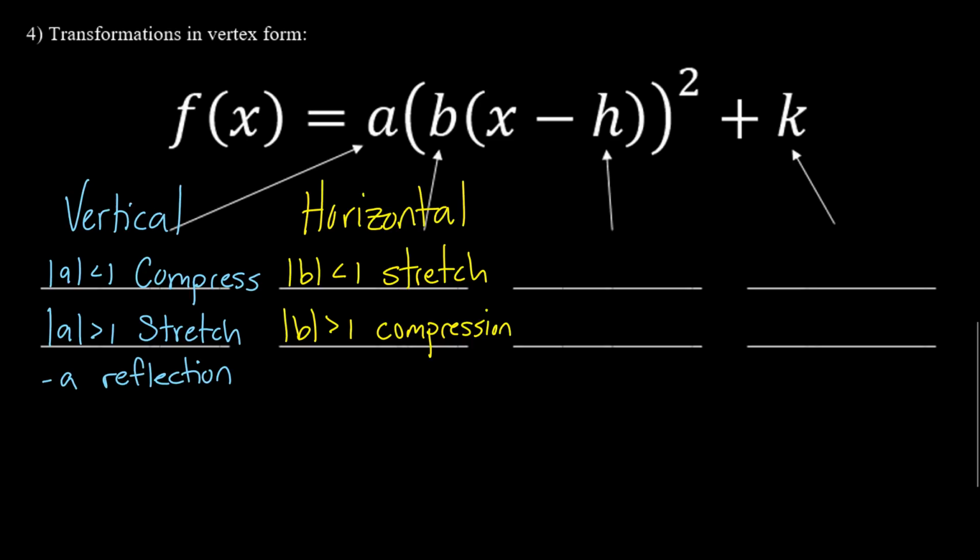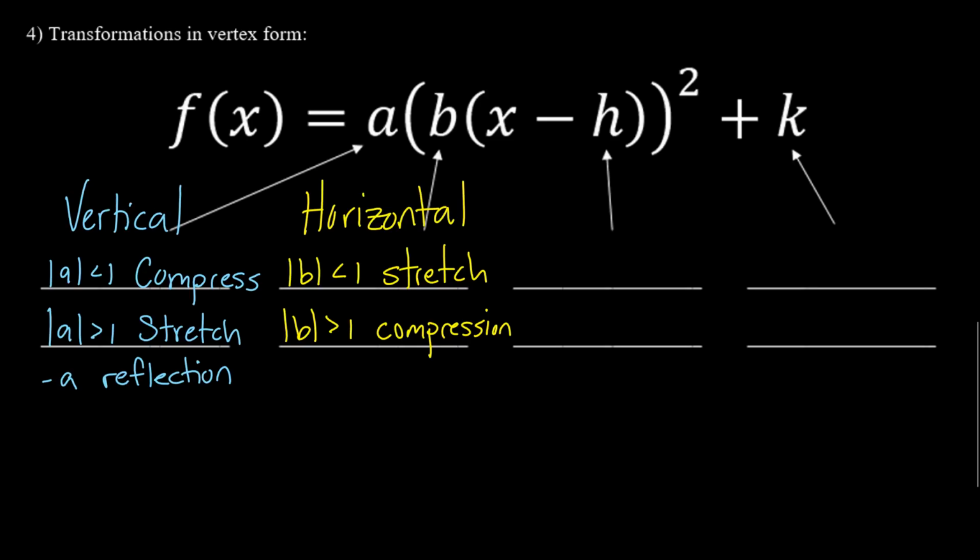That being said, if I had a B value of 1/2, tell me what it is. It is a horizontal stretch by how much? So I said 1/2, so it's a horizontal stretch by 2.